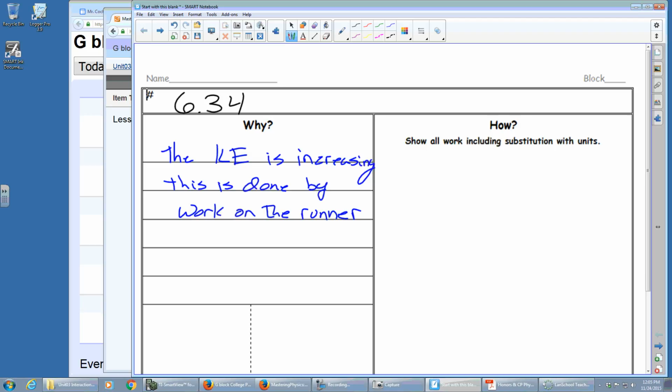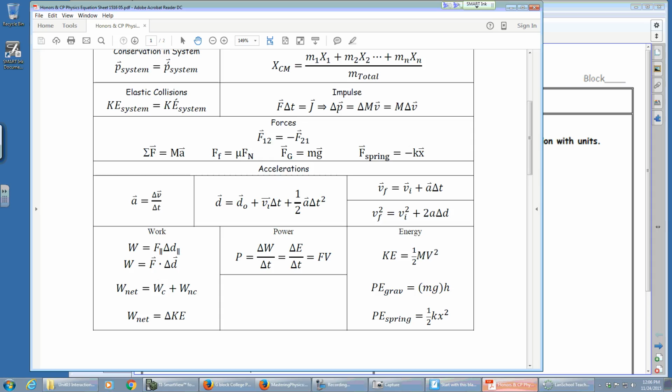So if the kinetic energy of the runner is increasing, then that's going to be accomplished by work being done on the runner. All right? Good. So we have on our equation sheet, here it is, an equation that says the W net, the total work, is the change in the kinetic energy.